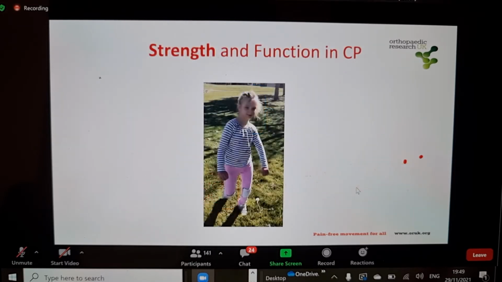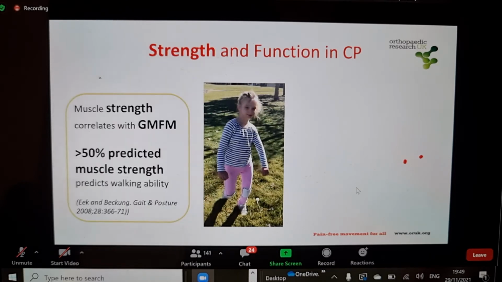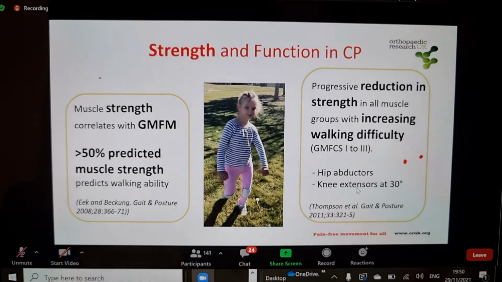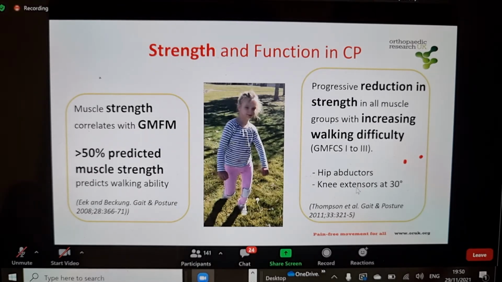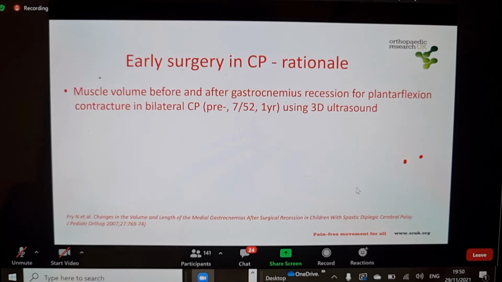And we know that muscle strength is really important in kids with cerebral palsy because it is correlated in a direct way with gross motor function, as this prize-winning paper demonstrated in 2008. Similarly, we know as you go through the GMFCS levels, patients become weaker and weaker, as shown in this paper. So weakness and strength have a really important role to play in function. So perhaps we should be concentrating on this.